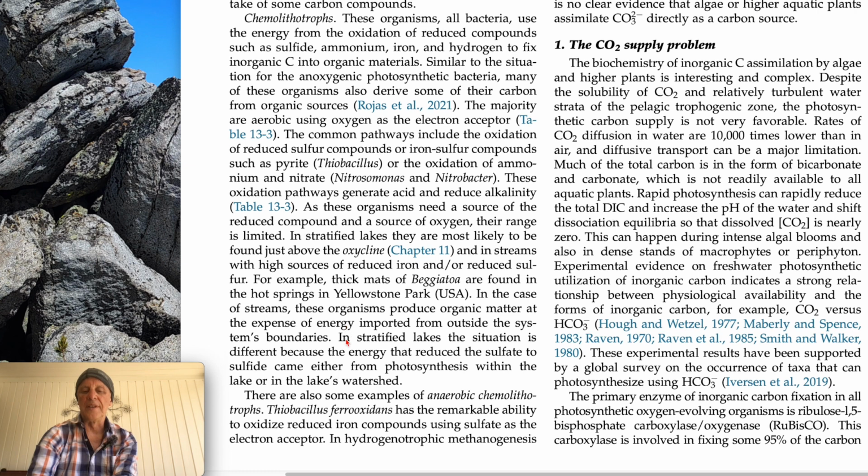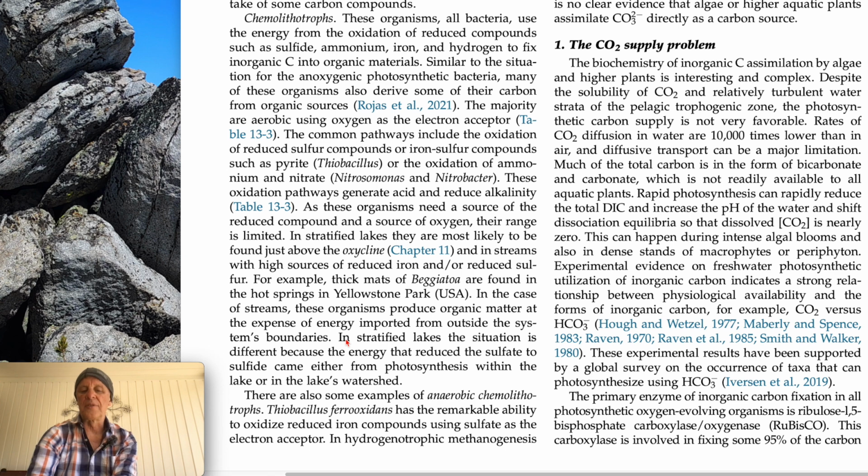As these organisms need a source of the reduced compound and a source of oxygen, their range is limited. In stratified lakes, they are most likely to be found just above the oxycline, and in streams with high sources of reduced iron and/or reduced sulfur. For example, thick mats of Beggiatoa are found in the hot springs of Yellowstone Park.